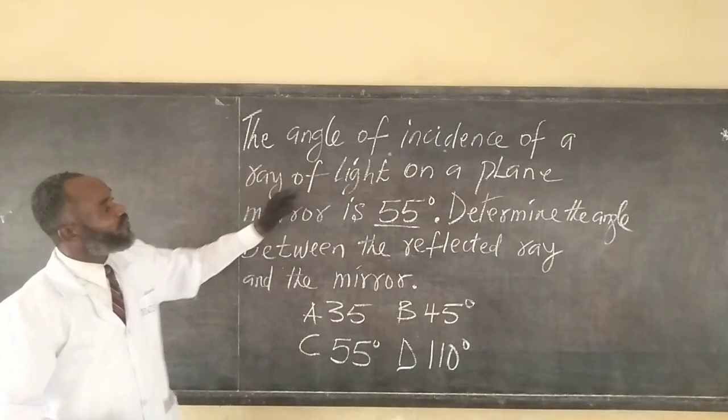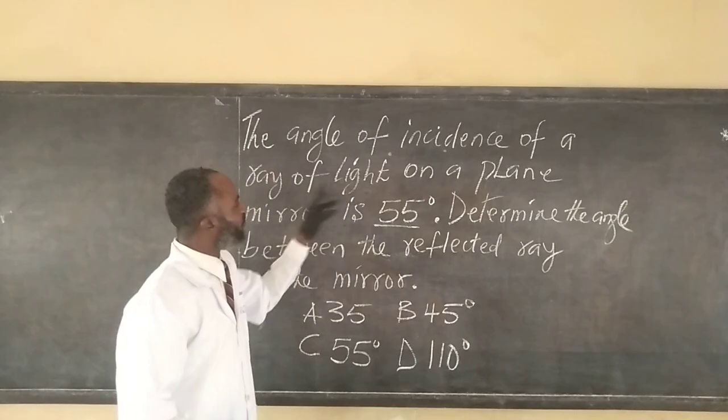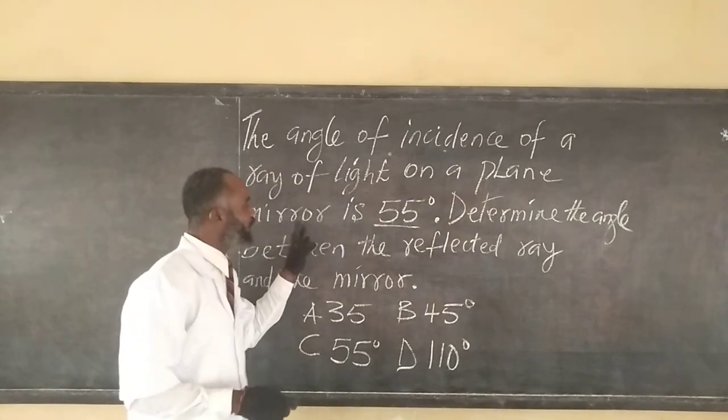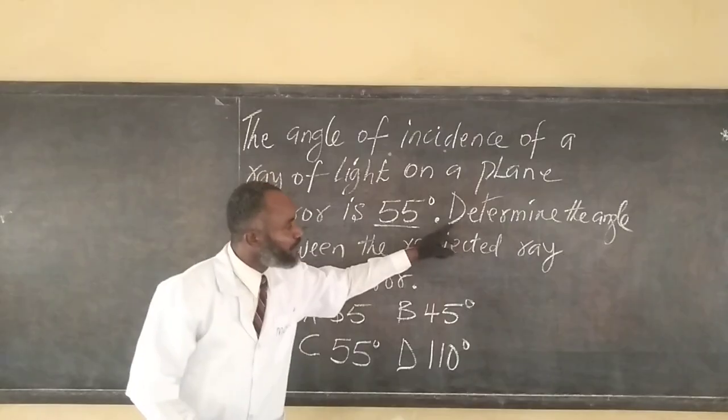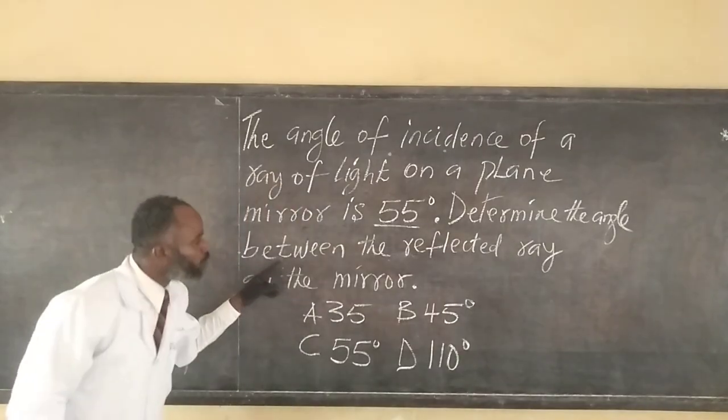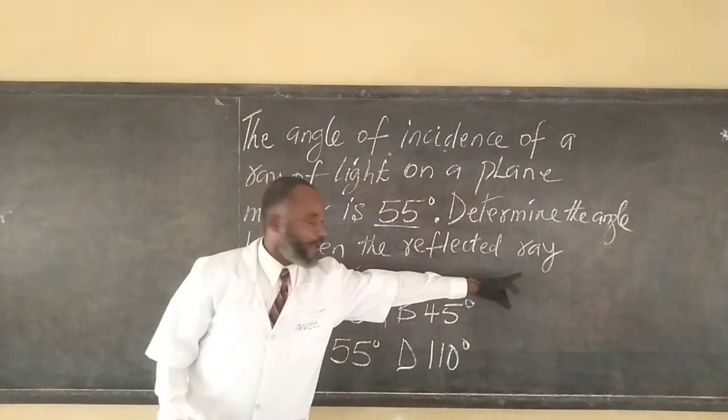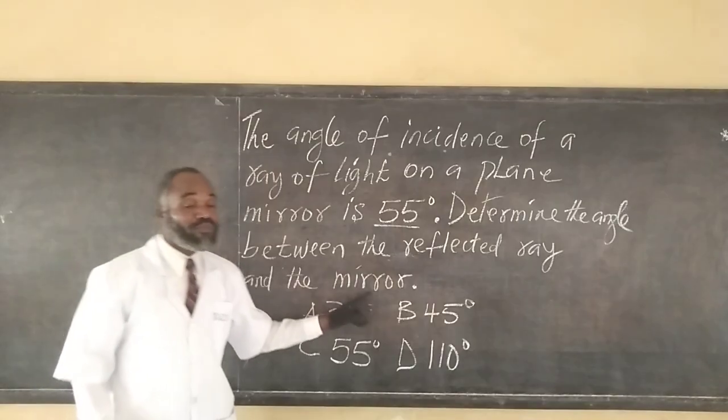The angle of incidence of a ray of light on a plane mirror is 55 degrees, right? Determine the angle between the reflected ray and the mirror.